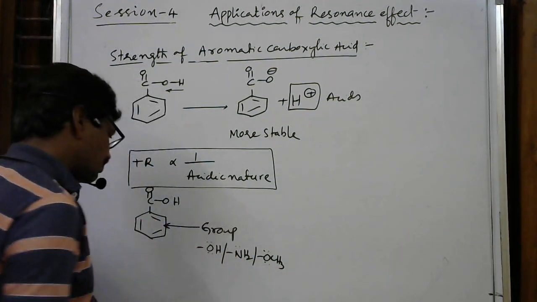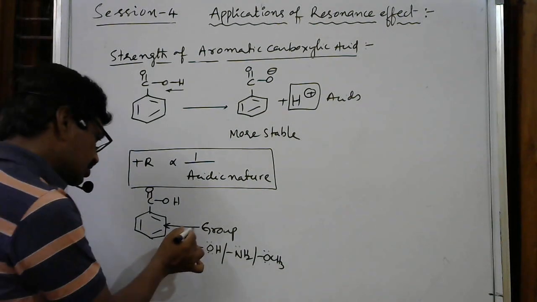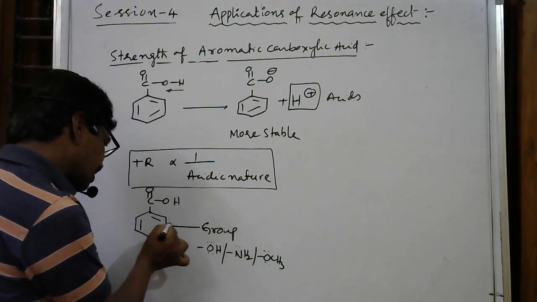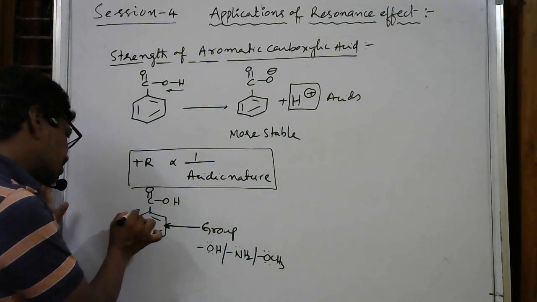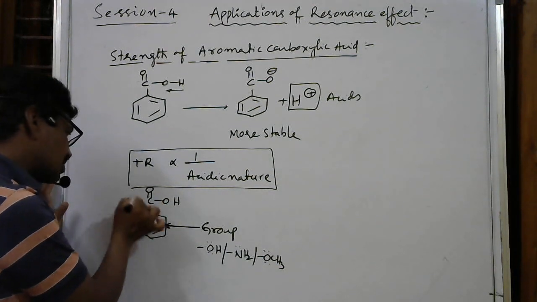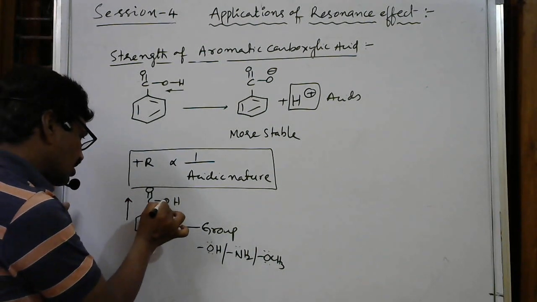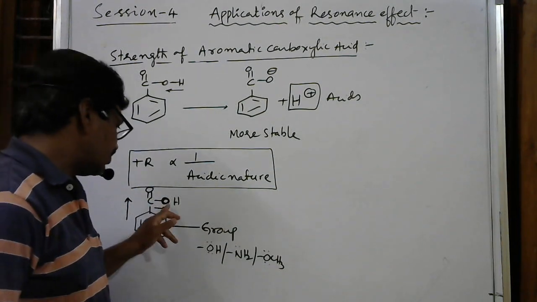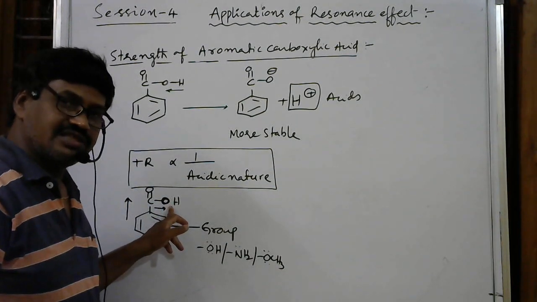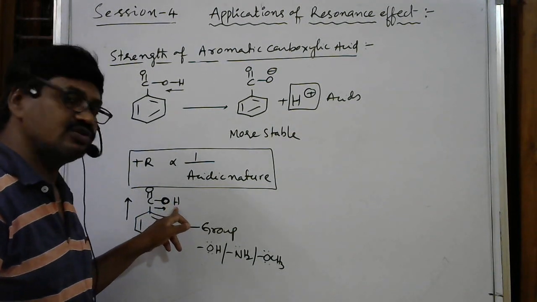When these groups are present on the benzene ring, they can donate electrons to the ring. The ring is activated, and through this, electrons move towards the carboxylic acid framework, towards oxygen. In the previous class I also told you, whenever the electron density on oxygen increases, this oxygen can hold hydrogen tightly.